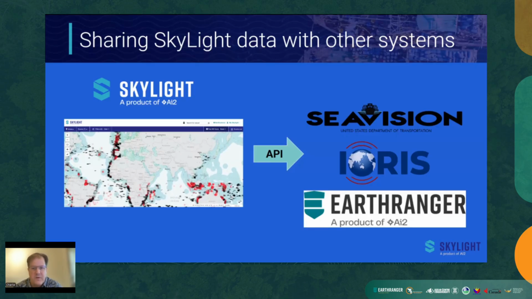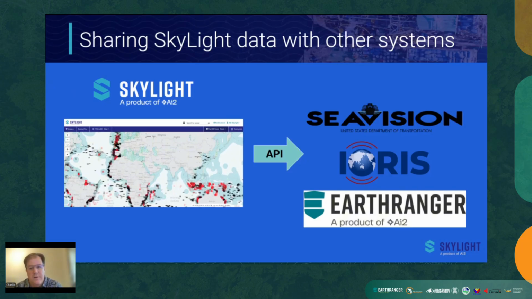But if you want to do a deep dive and use the full tools of Skylight in order to do deeper analysis, that's entirely possible, and you can get an account from Skylight. So that way you can link from EarthRanger, which you're using maybe every day. You can link to the vessel that is highlighted in EarthRanger. You can go over to Skylight and then do deeper research, or you can just use Skylight if you're monitoring maritime every day on a regular basis.